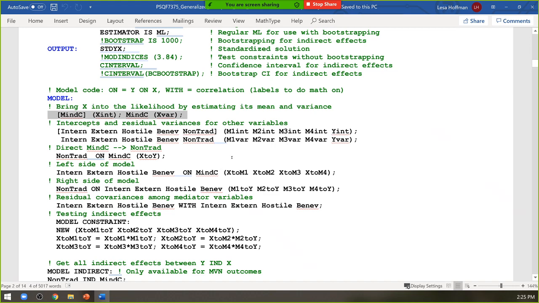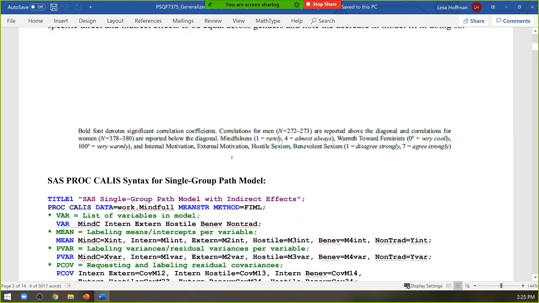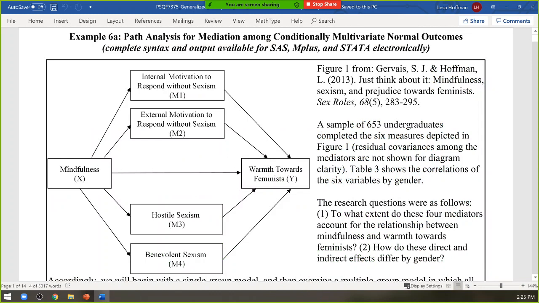Okay. So in terms of the syntax, mindfulness is the first variable in the mediation chain here. Let me go back to the picture. In M+, I have a choice to make as to whether or not I want mindfulness to be an outcome inside the likelihood. In this case, because we had a few people who were missing data on mindfulness, we decided to do that.